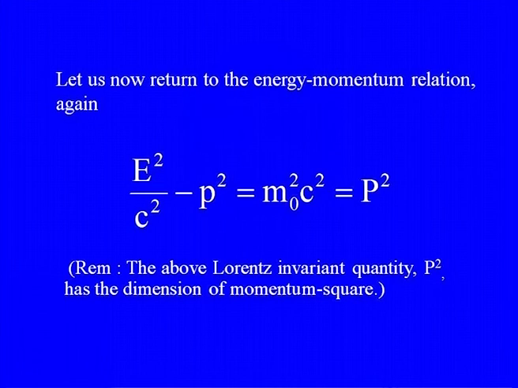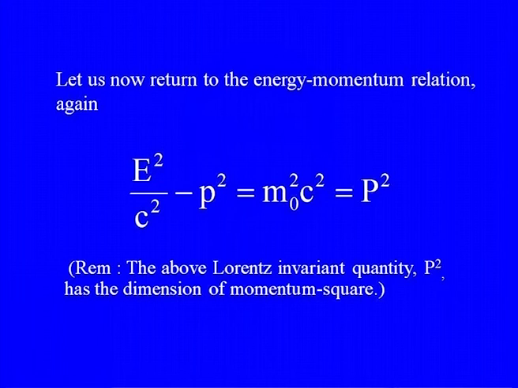I write that as capital P square, to give you an idea that the invariant quantity has a dimension of momentum. What kind of momentum is that? It is definitely not the 3 vector momentum that we use in our daily lives.